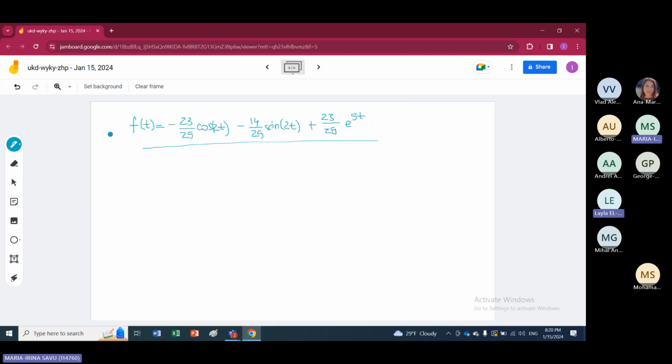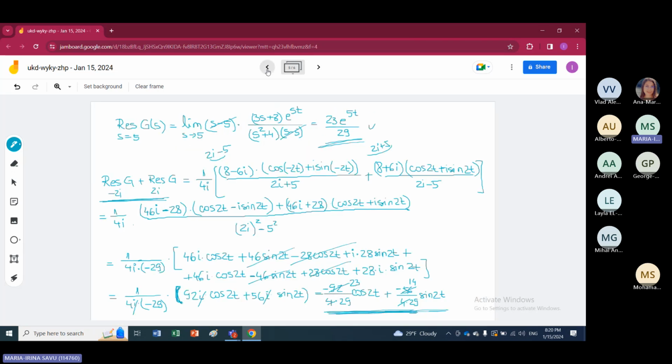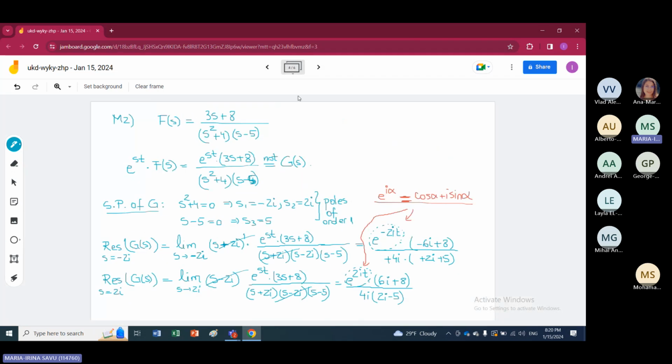Yes, very long, indeed, this wasn't such a nice example. The computations indeed were very long, but you will have computations easier than this. It depends on the function.